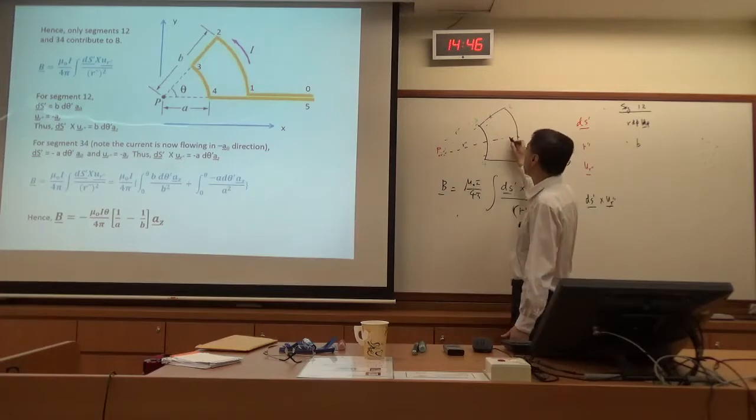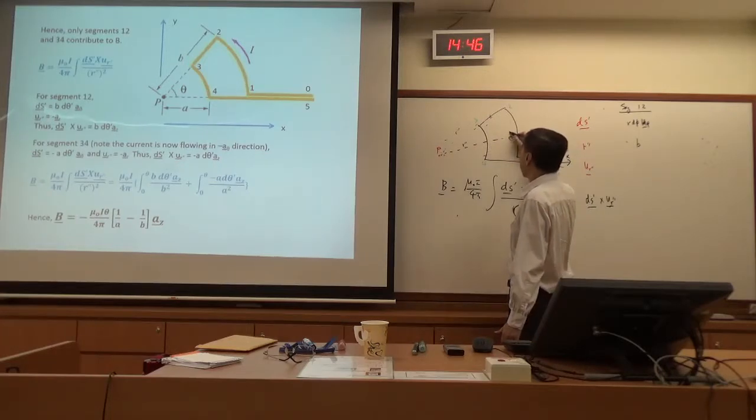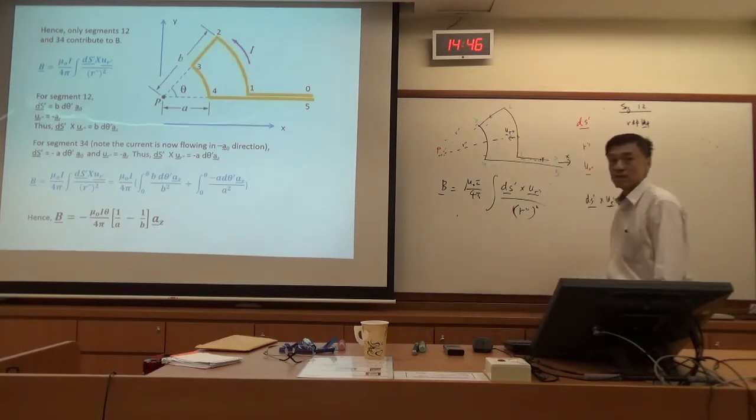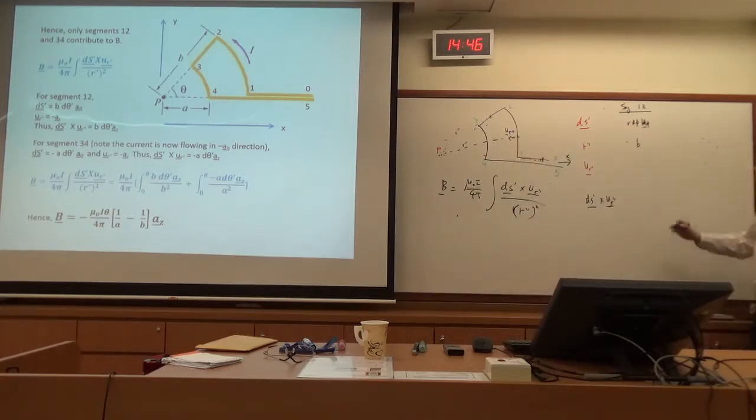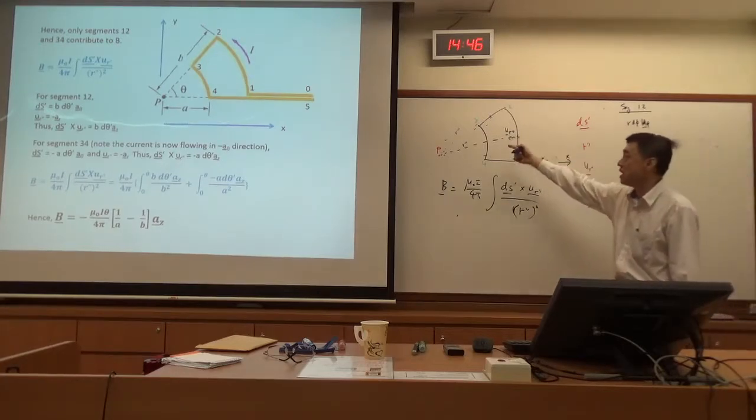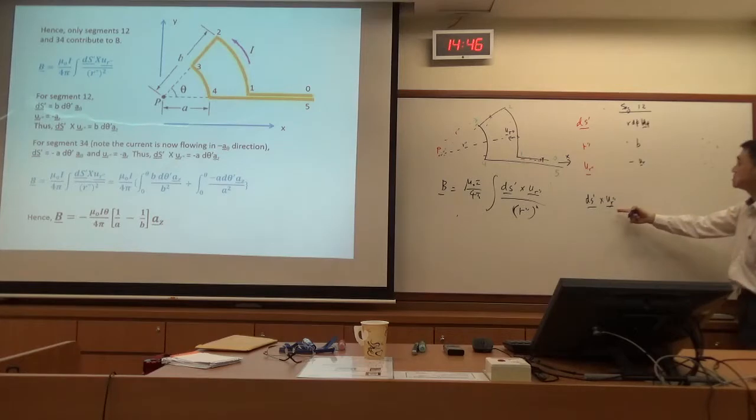Now, what is U R double prime? U R double prime is equal to minus U R. So this one cross, what do you get?